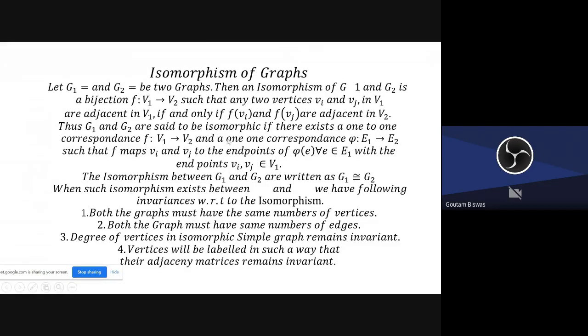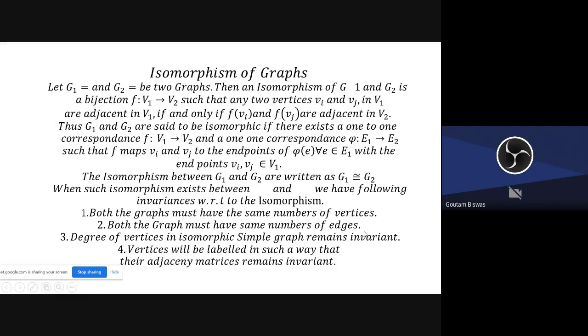Okay, so both the graphs must have the same number of vertices, and both must have the same number of edges. The degree of vertices in isomorphic simple graphs remains invariant.